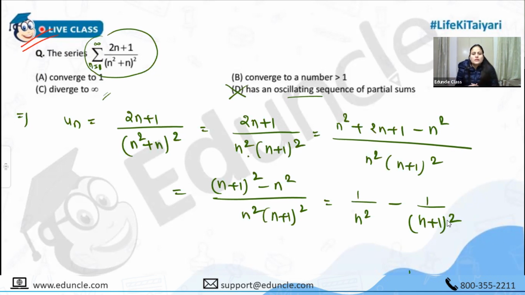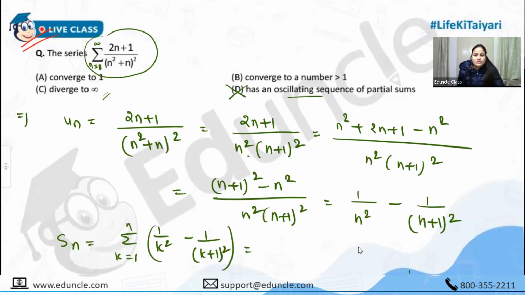So here we can do it by using the sequence of partial sums. So what will Sn be? Summation k varying from 1 up to n of 1 upon k square minus 1 upon (k plus 1) whole square. Okay? So just open it.